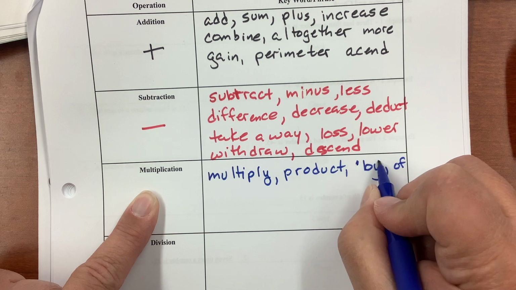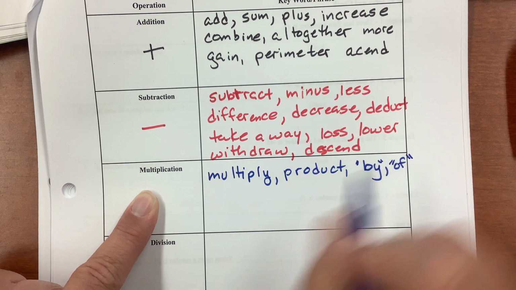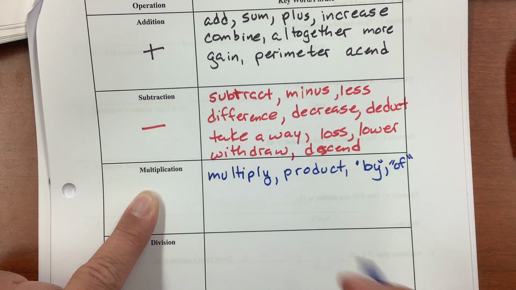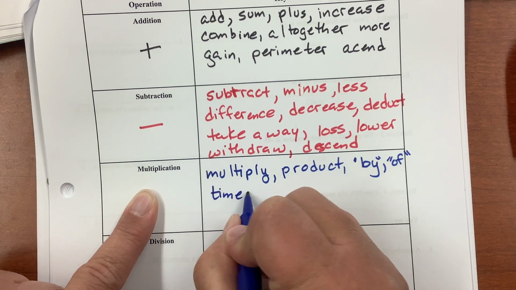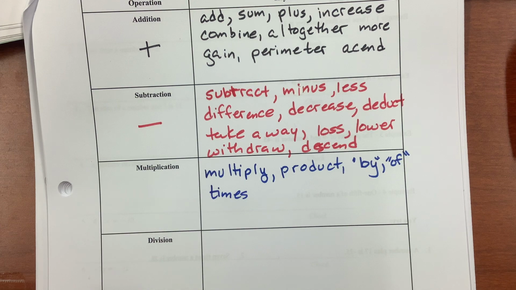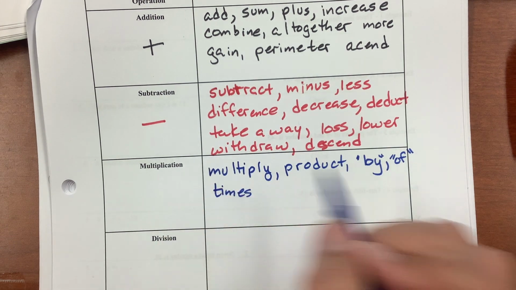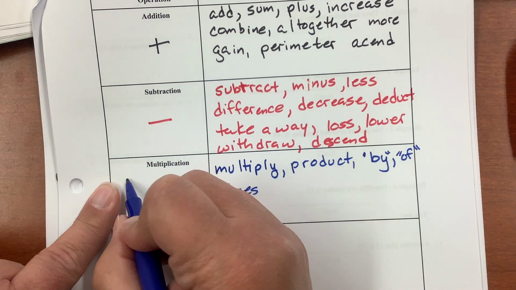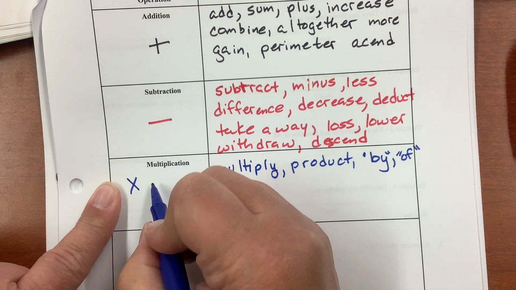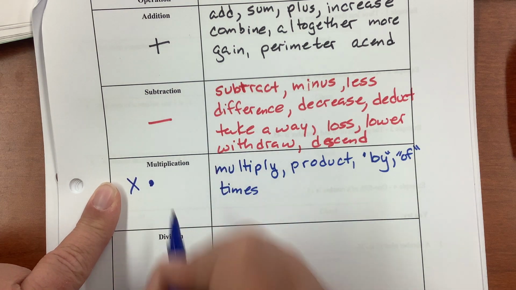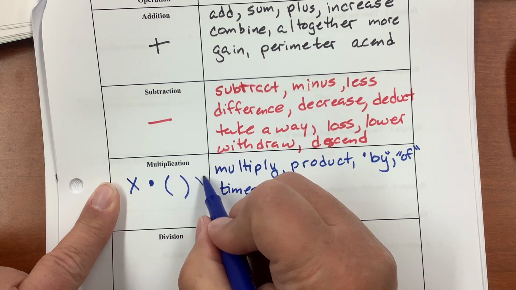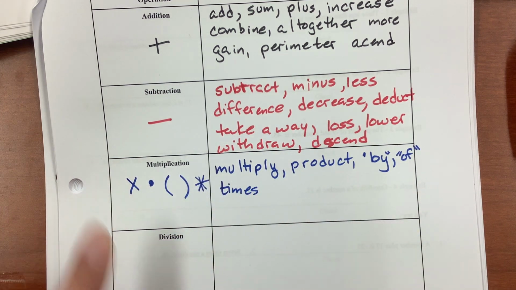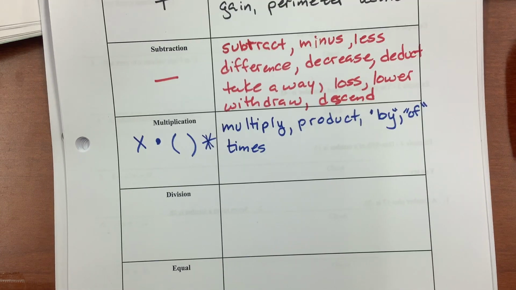I should put like quotes around that, by and of. You'll see later what I'm talking about. Times, just times. And multiplication has a lot of symbols. There's the X, we don't use that. There's the big dot, I like that one. And there's parentheses. And on a calculator, sometimes it comes out as a star, or on a computer. So those are all the different symbols for multiplying.